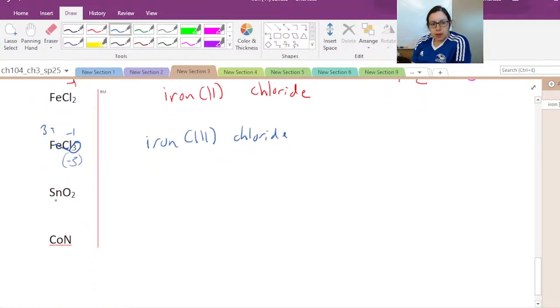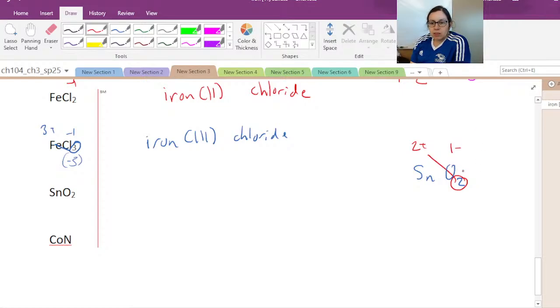What do we get for SnO2? So double check that one. Well, I'm glad you said tin 2, because this is one of those ones that can trick us. Let's see how you got tin 2. If we do reverse swap trick, we have 2+ and 1-.